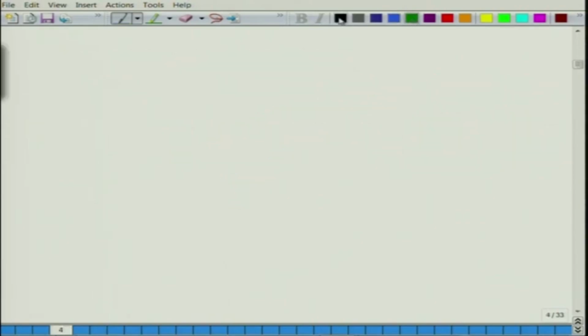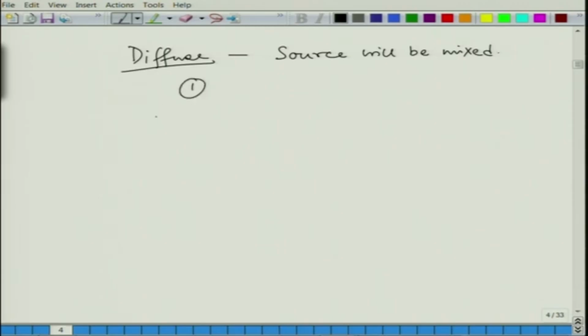So, first let me talk about the diffuse radiation. For diffuse radiation, the source will be mixed, it will not be a single source. So, what would be the sources?